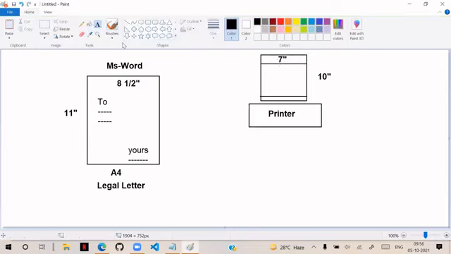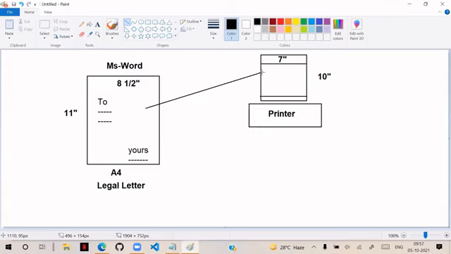Now, when I print that letter on that paper, will it print correctly? It cannot print correctly. It may miss the margins. Why? Because the paper you designed in MS Word and the paper where you are printing are not the same.